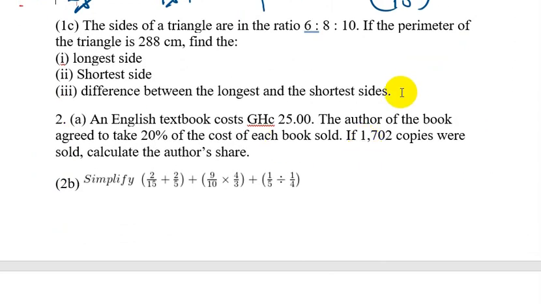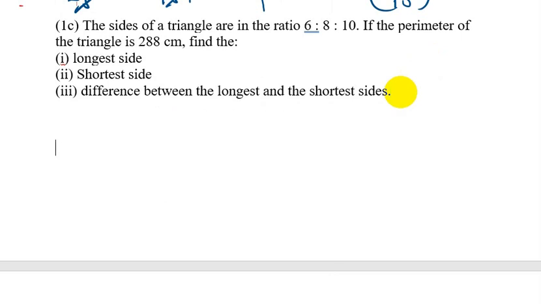The 1C says that the sides of a triangle are in the ratio 6 is to 8 is to 10, and we are told to find, if the perimeter of the triangle is 288, the longest side, the shortest side, and the difference between the two sides.